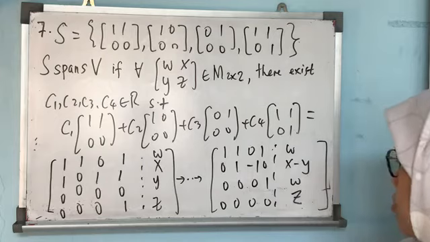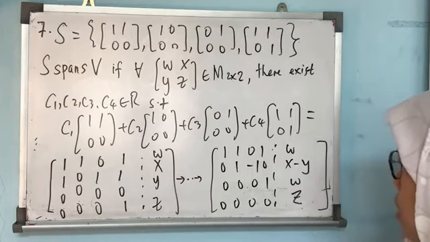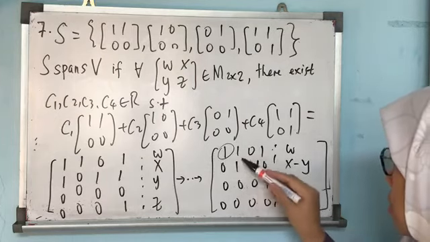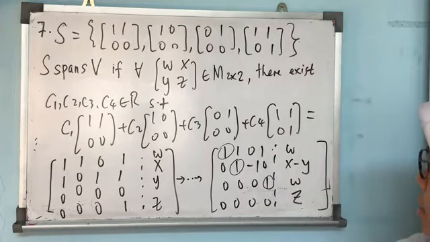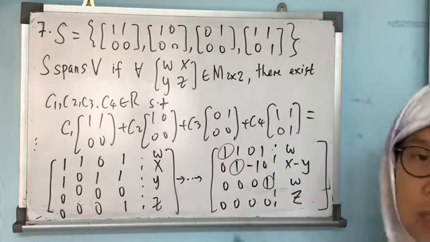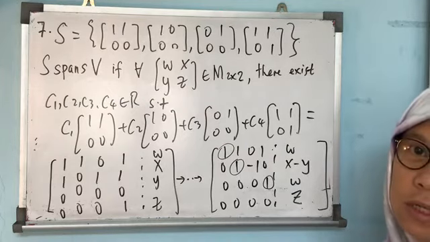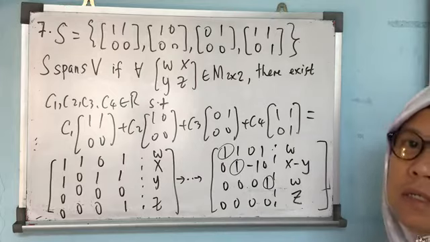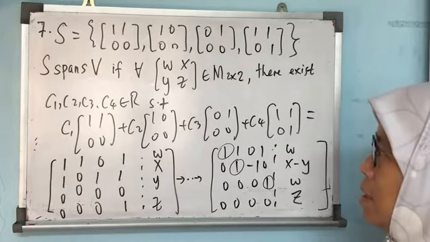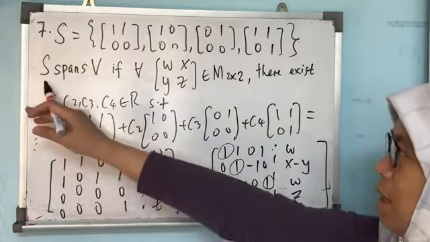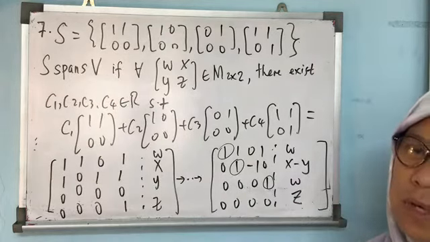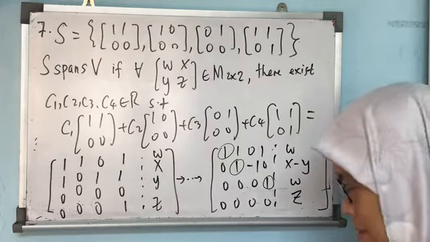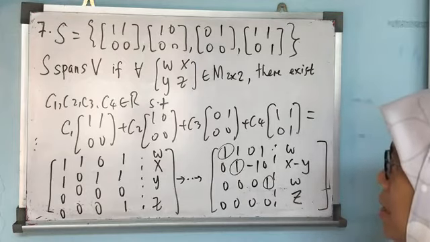Okay, so you see, the rank is 3, but the rank of the whole thing is 4. So there is no solution. The system is inconsistent, meaning S does not span V. Okay, so what is the span? It's a little bit tricky.